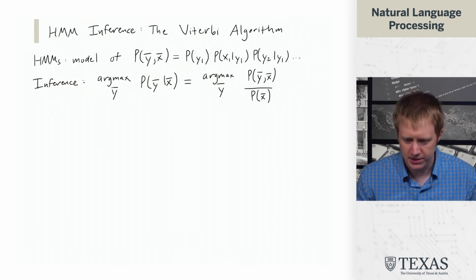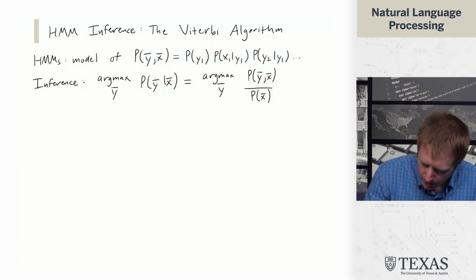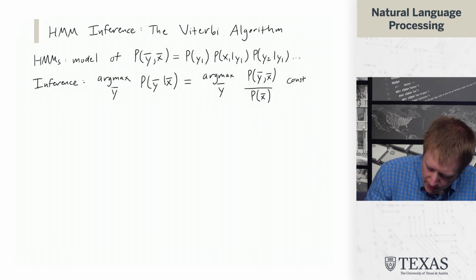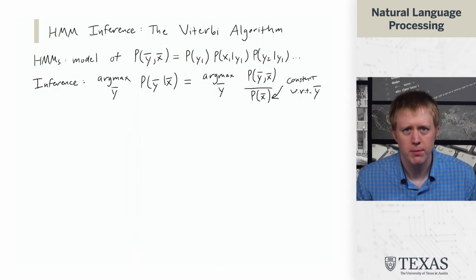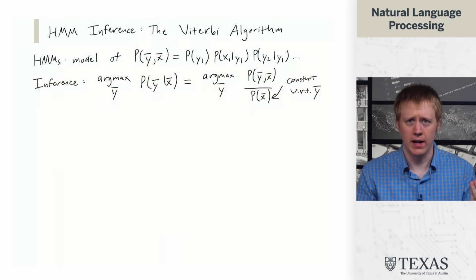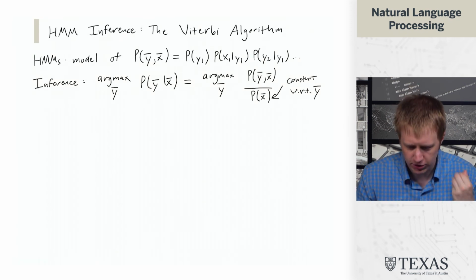And now the bottom is this P of x term. And this term is constant with respect to y. So from the perspective of argmaxing over y, we don't actually need to worry about it.